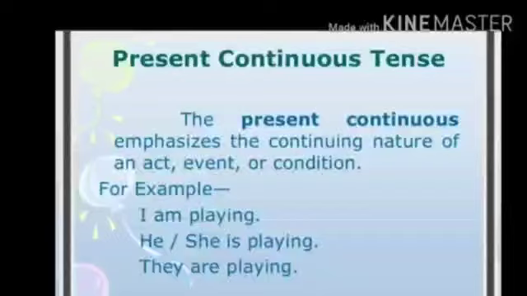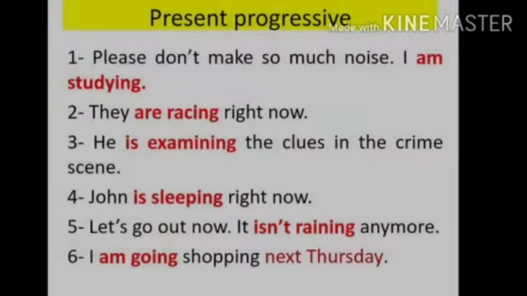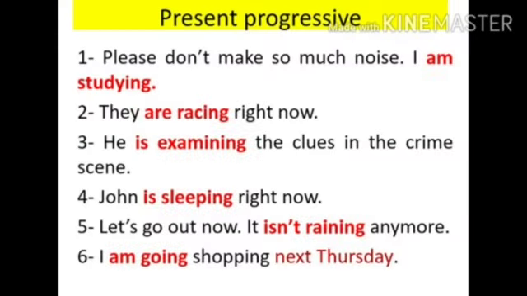I will be giving you some more examples. Please listen carefully. Example 1: Please don't make so much noise. I am studying. The second example: They are racing right now. And the third one: He is examining the clues at the crime scene. John is sleeping right now.